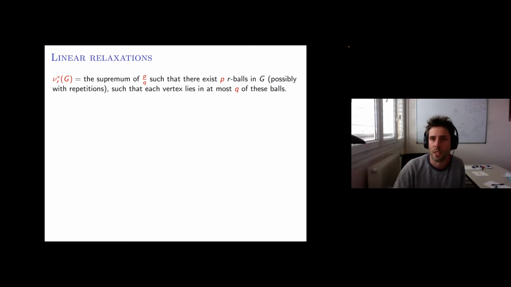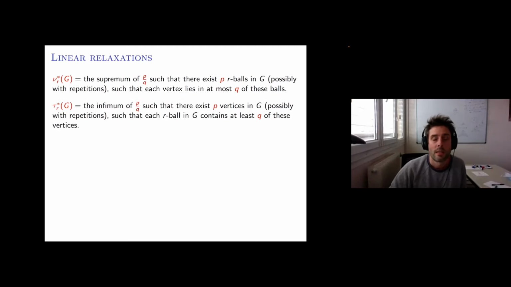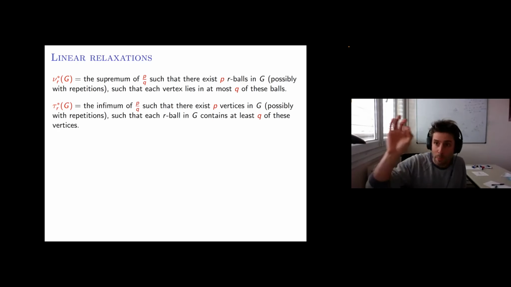Okay? So if you take q equals 1, you get exactly a packing, because each vertex lies in at most one ball. But now you're allowed to take q larger and p larger, and what you do is you optimize over all fractions p over q. So this is nu star, and clearly it's at least nu. And tau star is the infimum of all fractions p over q, so that you can find p vertices, again possibly with repetition, and each r-ball contains at least q of these vertices.